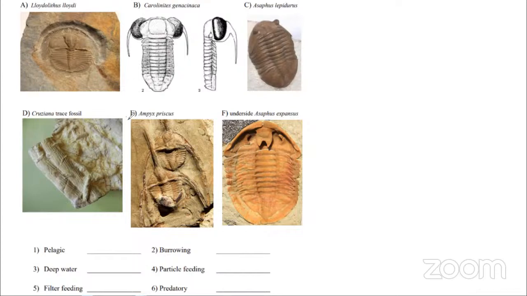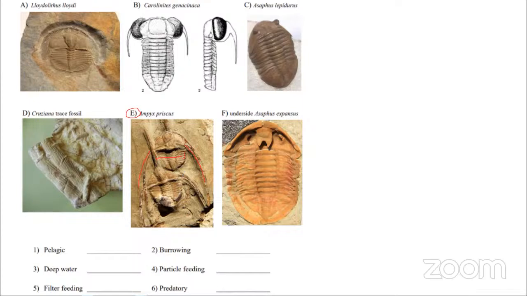The answer is E here. So what we would be looking for are eyes reduced or absent, and wide bodies, so relative to their length, they're kind of wide, because we got two of them here. And we have these long spines, long spine going all the way back. Those are what those genal spines are.